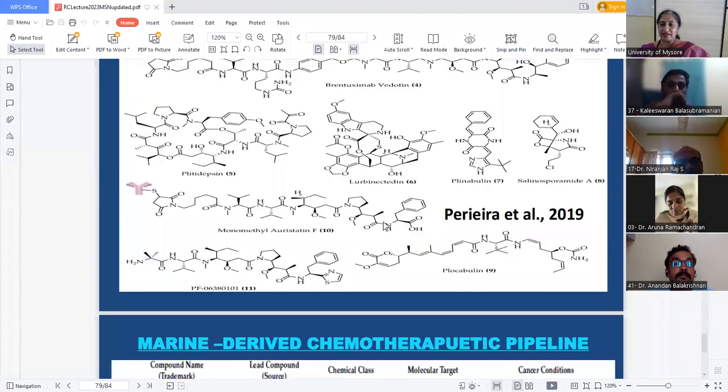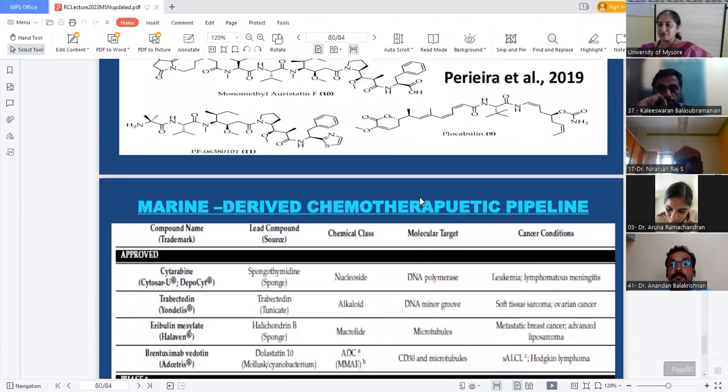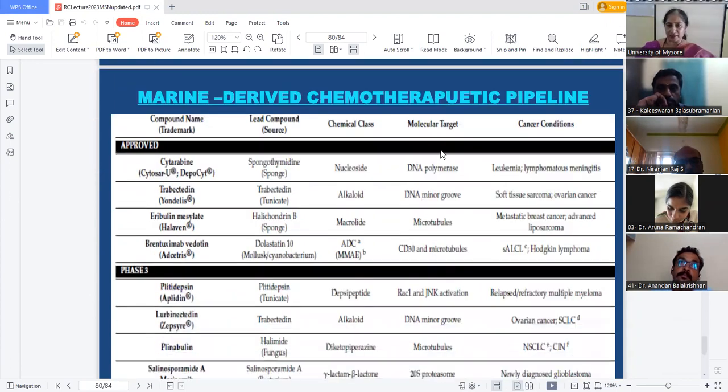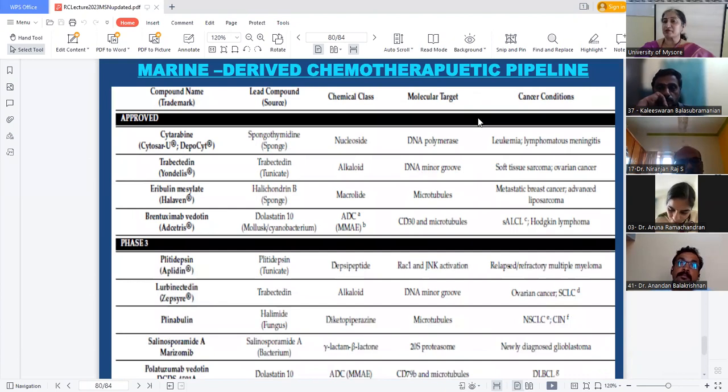So these are candidates. It's been taken from a list modified by Pereira et al. in 2019. And there is a journal called Marine Drugs where such information and reviews are available for your kind attention. And here we have a list of the marine-derived chemotherapeutic pipeline drugs.